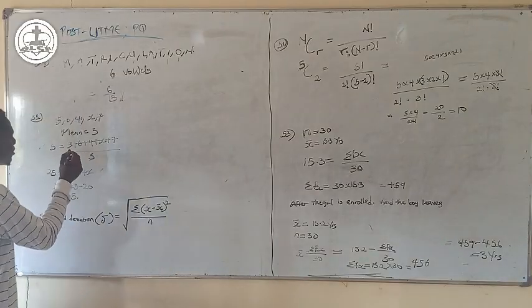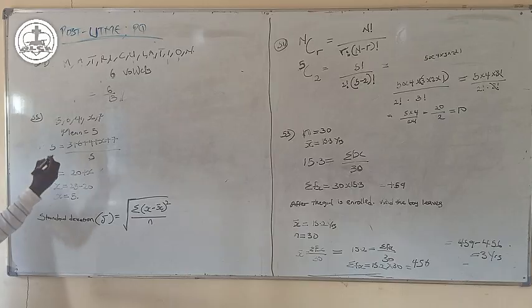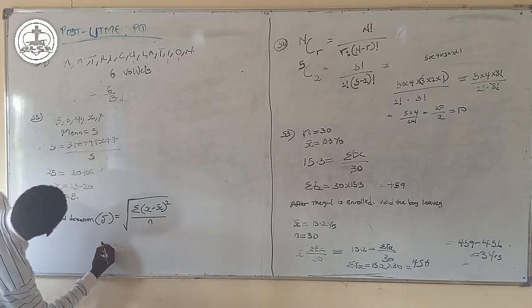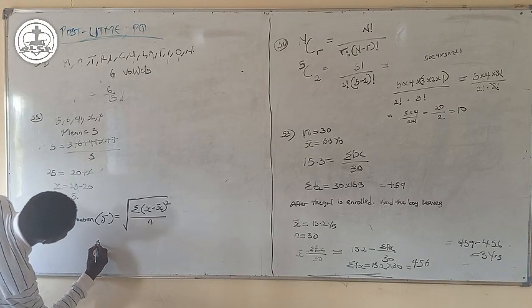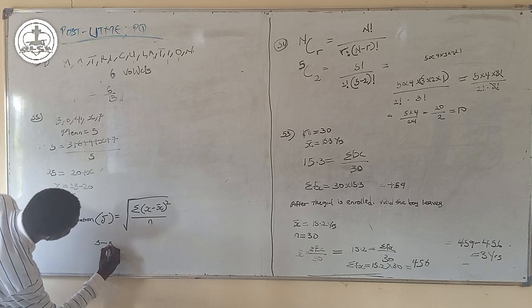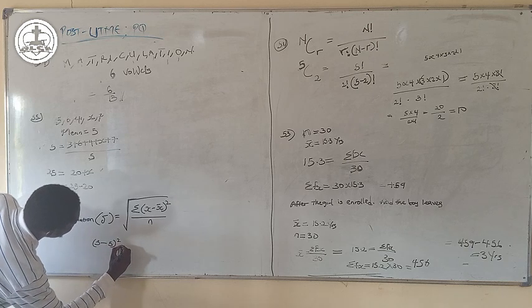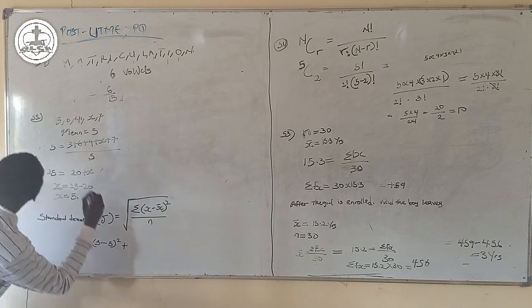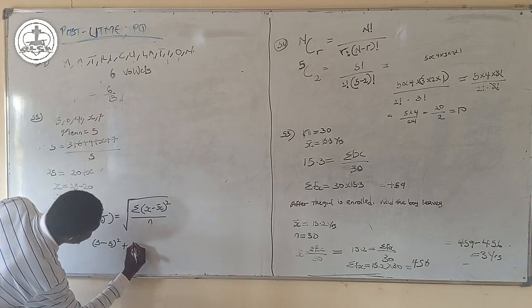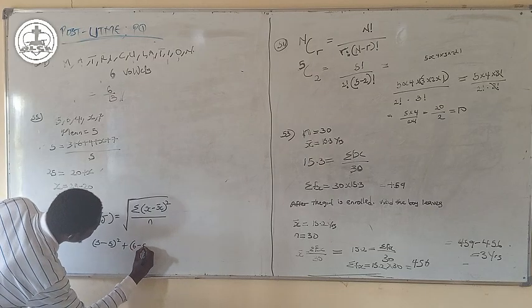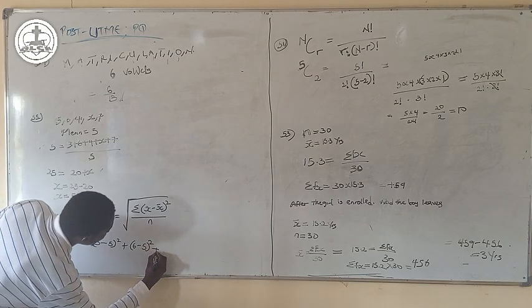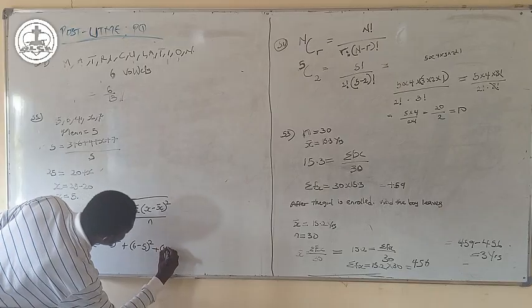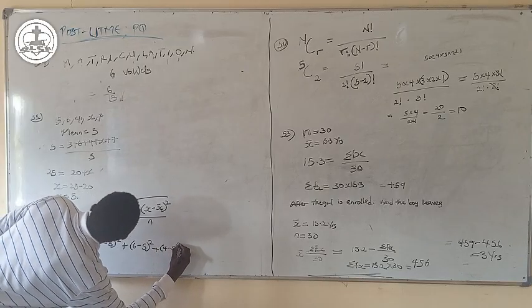Now we pick the individual variables one after the other: 3 minus our mean 5 squared, plus the next variable 6 minus 5 squared, plus 4 minus 5 squared.